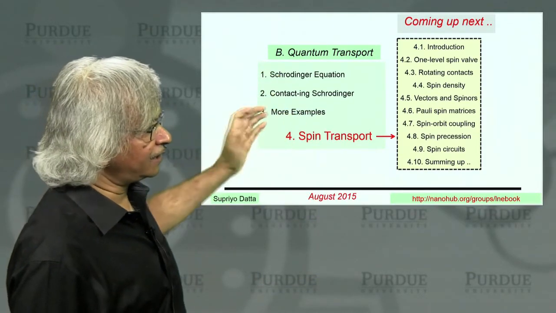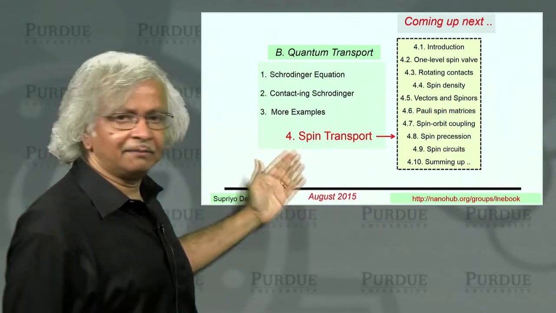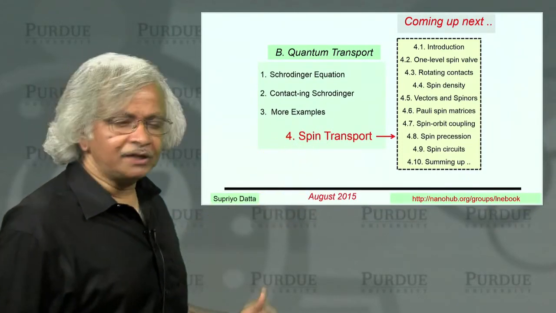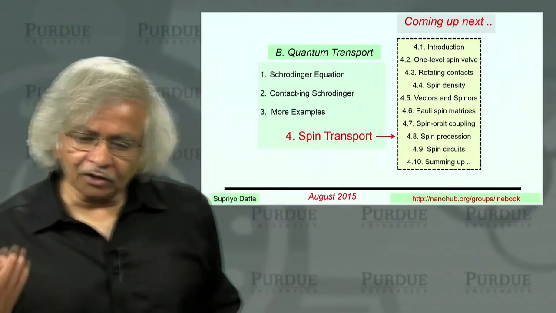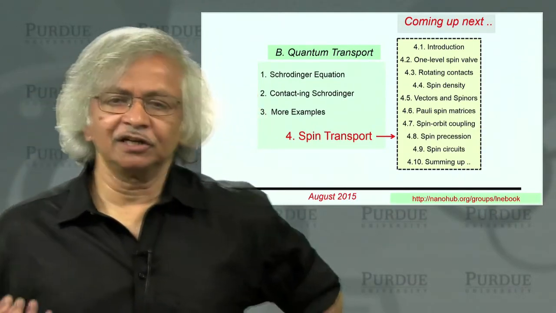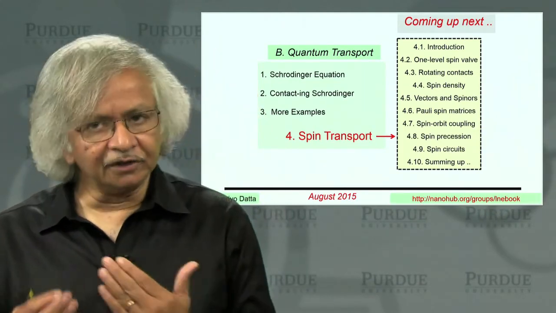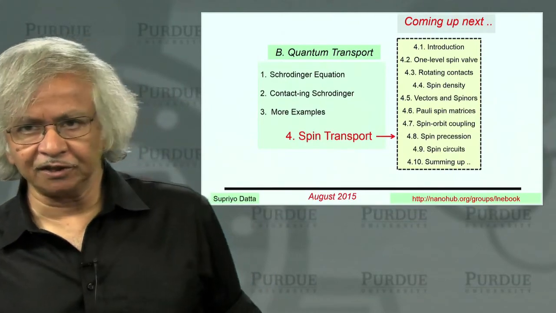And in the next unit, I guess we'll be presenting examples involving spin, which I believe give you a lot of insight into the nature of quantum processes and how they differ from the semi-classical picture. Thank you.